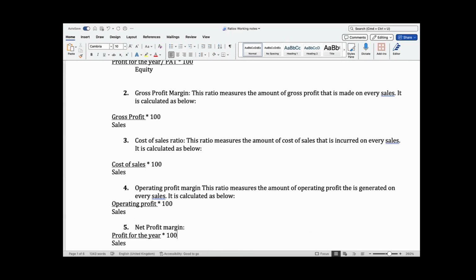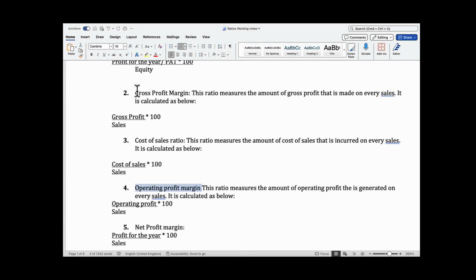I mean, you will see that the differences between gross profit margin and operating profit margin will be more of the overheads of the company. So a company that is making a low operating profit margin, we can attribute that to their admin and distribution expenses being too high.